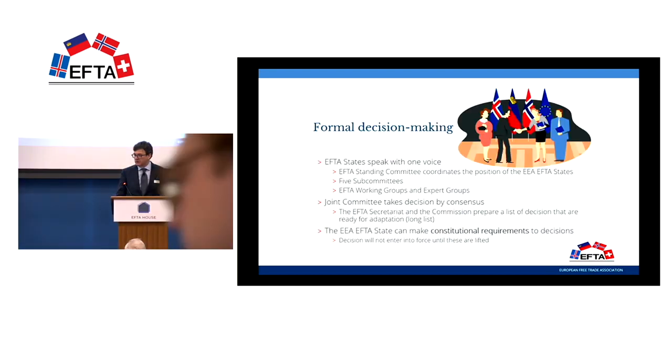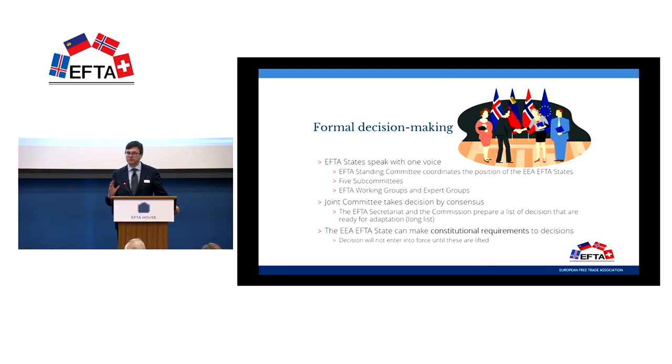The formal decision-making then takes place in the EEA Joint Committee, and there are two important principles that govern that decision-making that are worthwhile to touch upon. First of all, the EFTA states speak with one voice within the Joint Committee. And of course that requires us to coordinate our positions before we meet with the EU side in the Joint Committee.